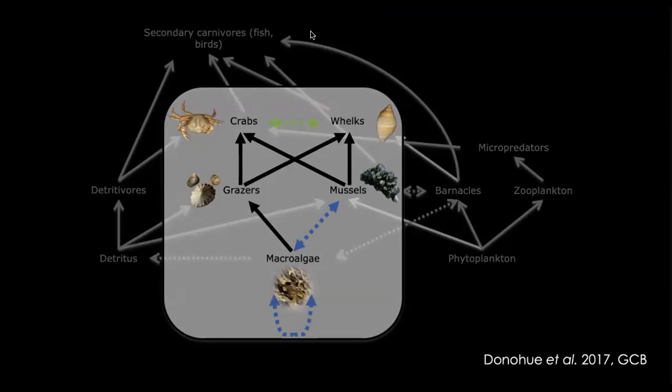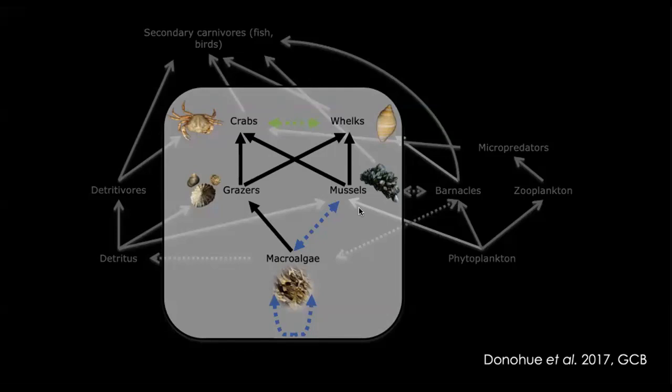This means that they both eat grazers and mussels. But actually, when they're alone, they prefer the grazers. So when they're alone, each of them prefers grazers, but when they're together, they change their eating habits and they start eating mussels as well.